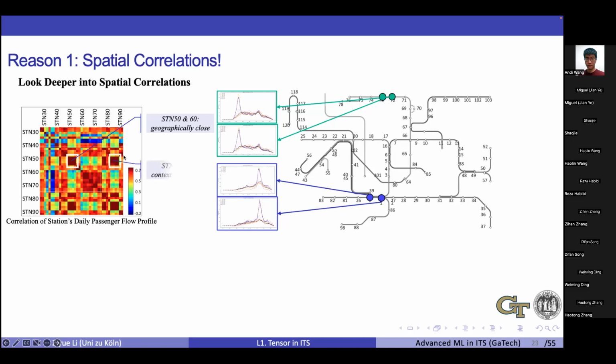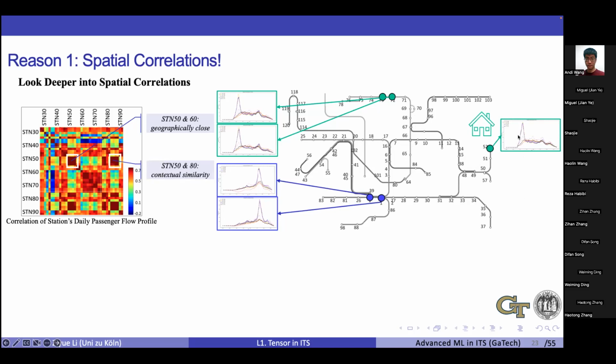But what's the deal with this block? You can see that the stations in the 50s and the 80s are quite highly correlated. Why? We call this the contextual similarity. We can also find it in the map: for example, station 50 is quite far away from the stations in the 70s, but they are all located in the residential area, so they all have the morning peak pattern.